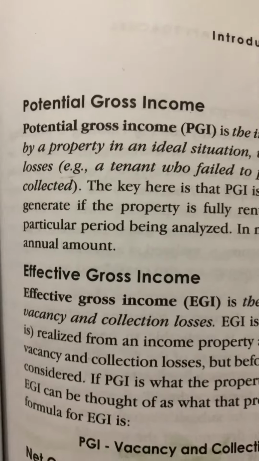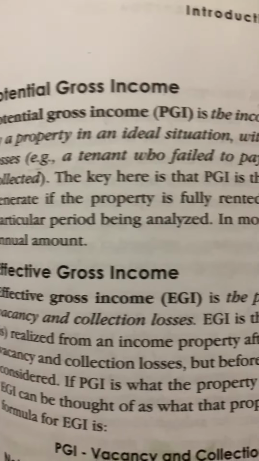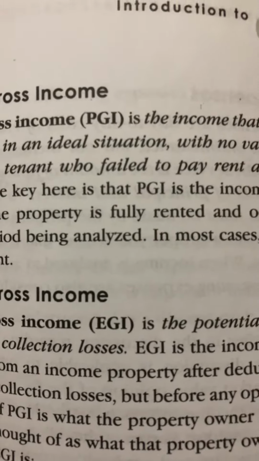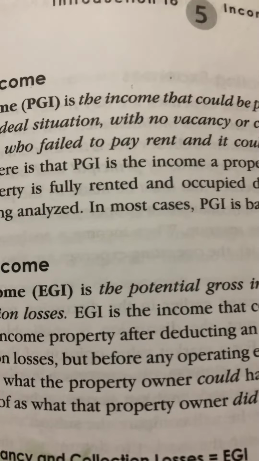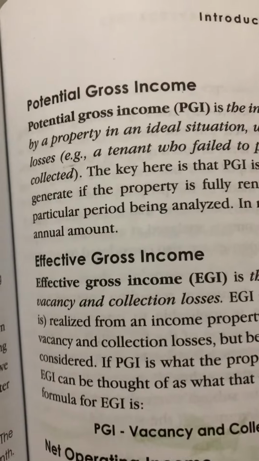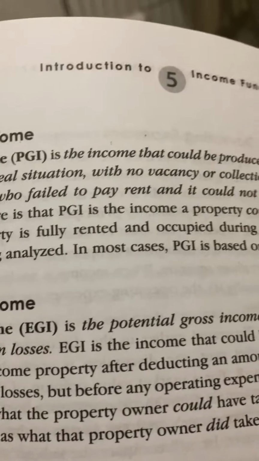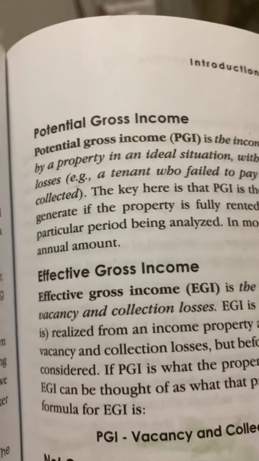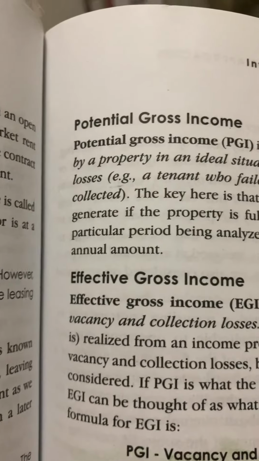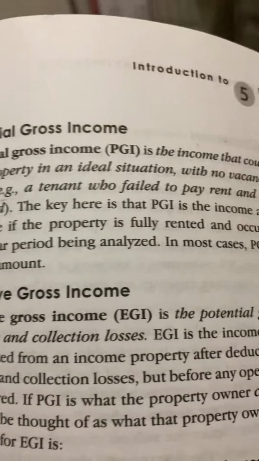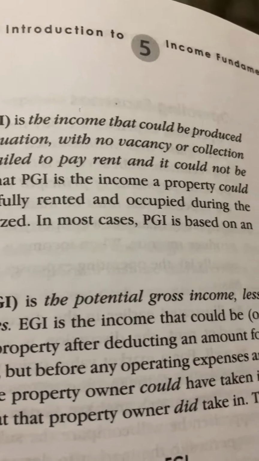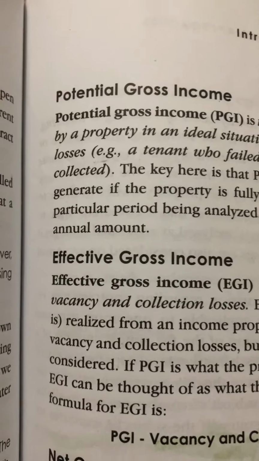Potential gross income. Potential gross income, PGI, is the income that could be produced by a property in an ideal situation with no vacancy or collection losses. For instance, a tenant who failed to pay rent and it could not be collected.